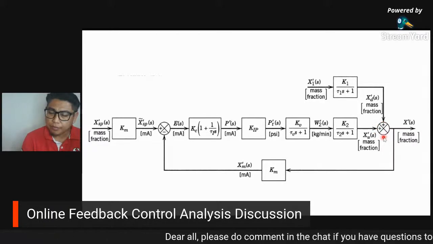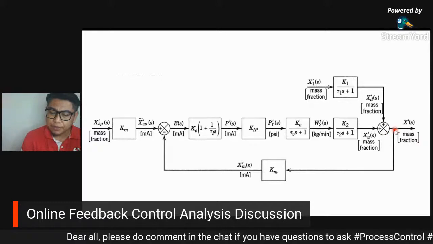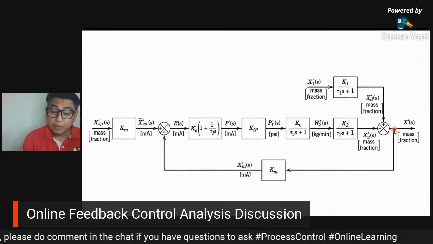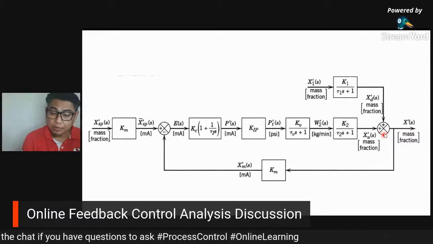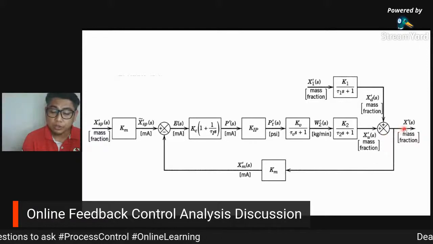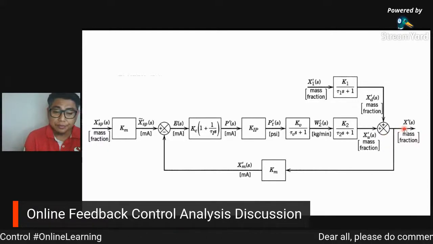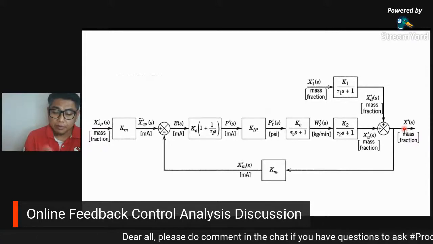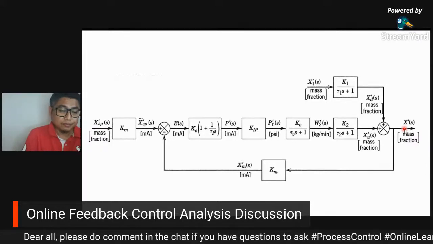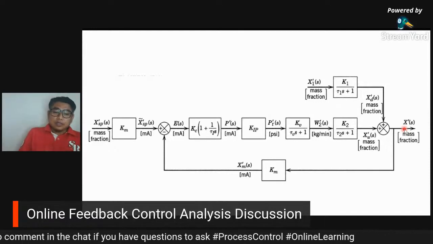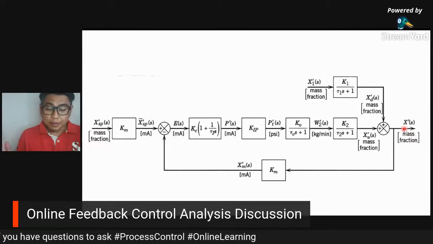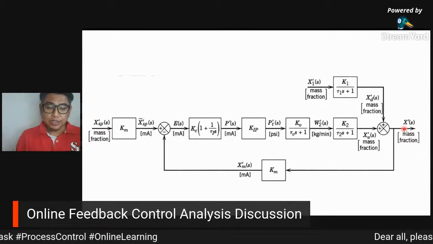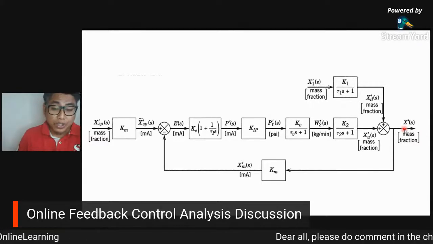From our exercise, some of you dragged a line from here, but it should be from the control variables. Please take care of that. That is why in your survey, you don't have any problem in the block diagram.